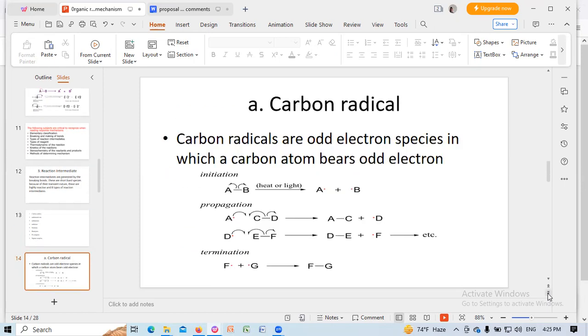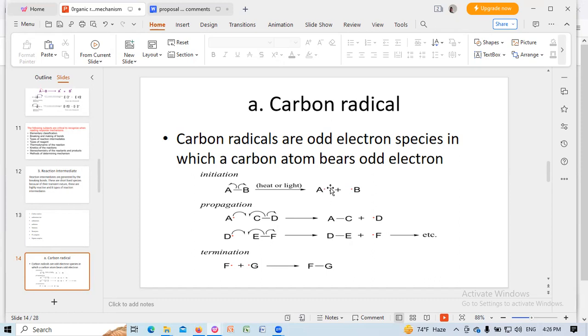Carbon radical, it is also called free radical. Carbon radicals are odd electron species in which the carbon atom bears an odd electron. In the initiation step, the covalent bond is dissociated equally, one electron each, into free radicals.